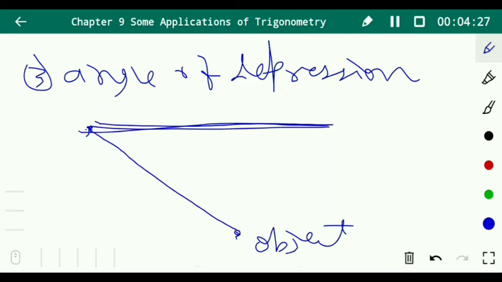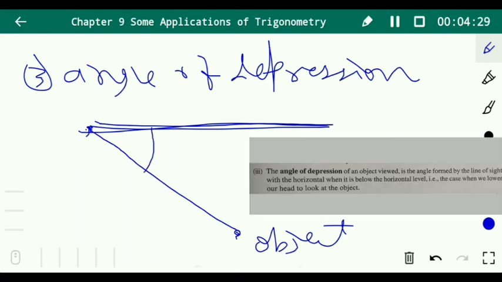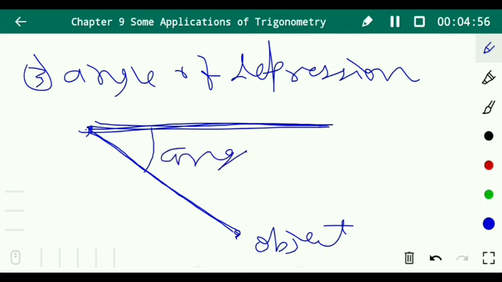In this case the angle of depression of an object viewed is the angle formed by the line of sight with the horizontal line when it is below the horizontal level. That is the case when we lower our head to look at the object. So it is known as angle of depression. Is it clear? So thank you.